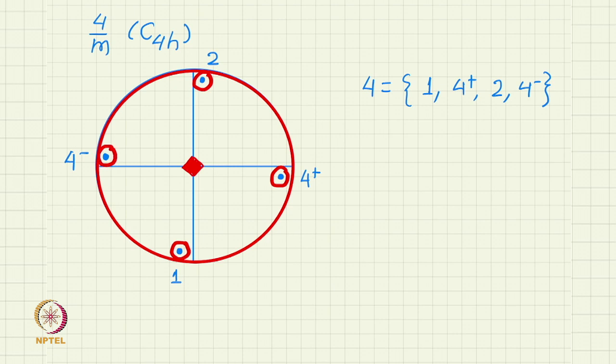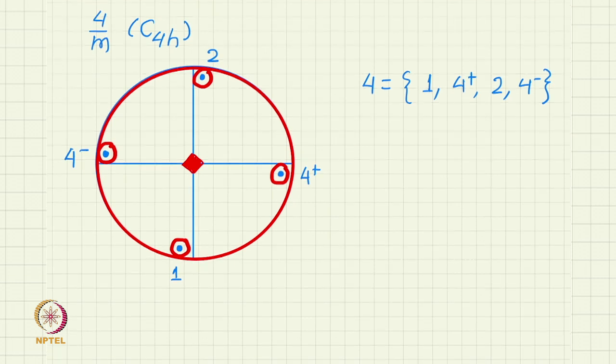So, you have 8 points, and you can see here in this case that the original blue right handed object is converting into this red left handed object below the plane, and that is again an operation of inversion as we had seen in one of the previous cases. So, this is 1 bar.